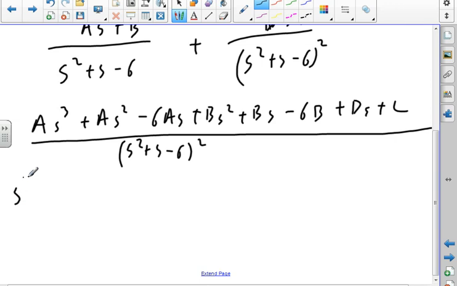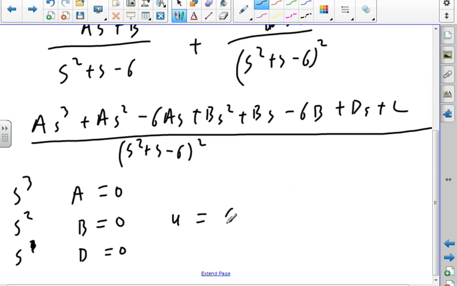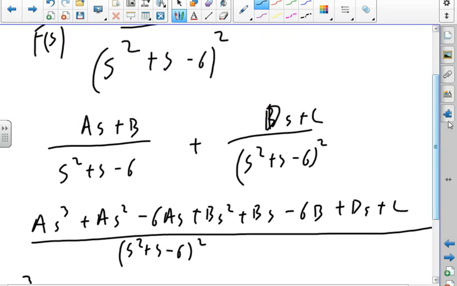Okay, so I look at the s cubed term and I get a, and that has to be 0. And I look at the s squared term and I get a plus b, and that has to be 0. I look at the s term, and I get a minus 6, b, and d, which has to be 0. And then I look at the unit term, and the unit term is only c, which is a 1, and now I haven't done anything for anybody to get the right answer.